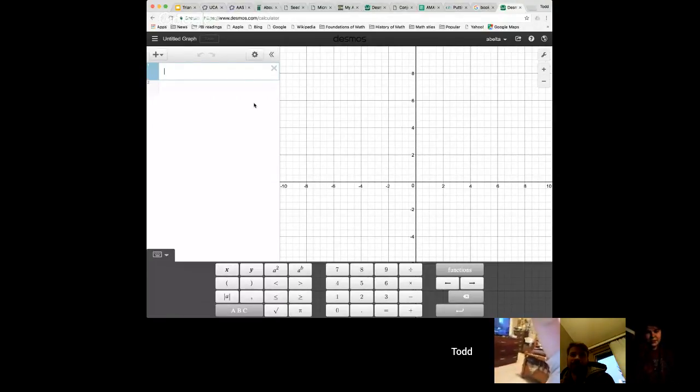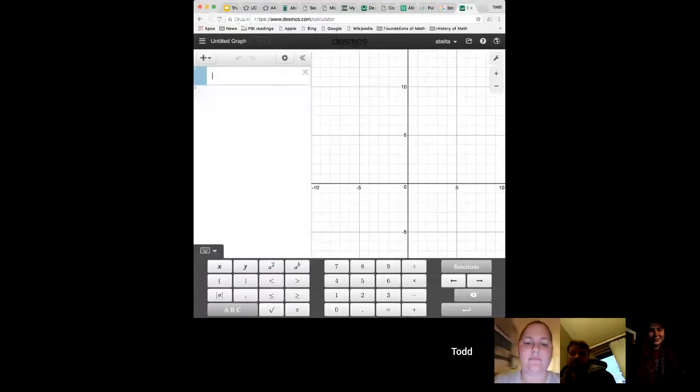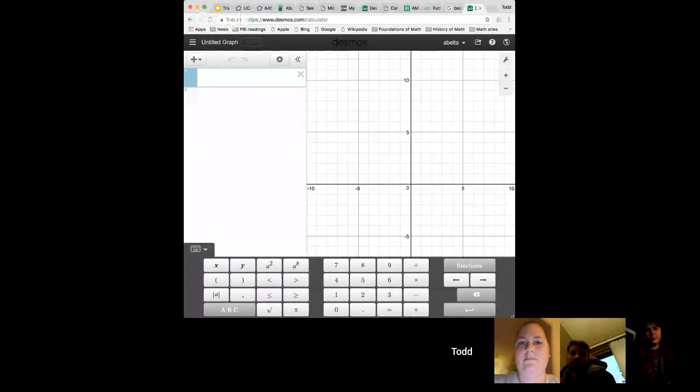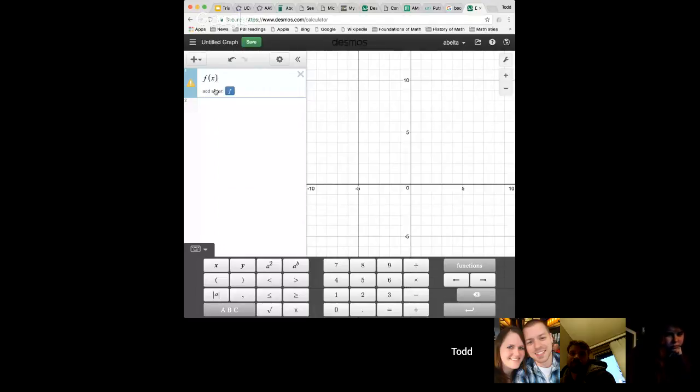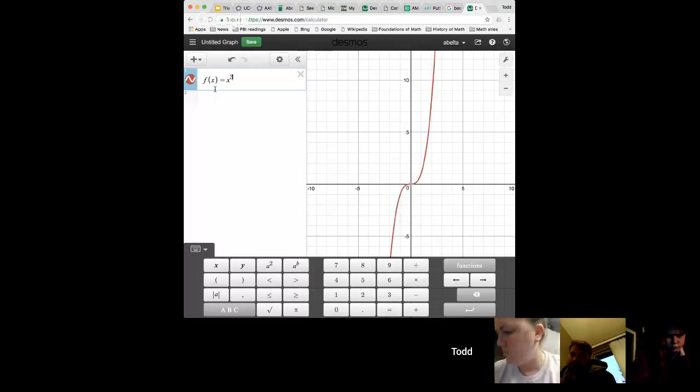Okay. So what I'm going to do here is let's just define a function. Let's say f of x equals, let's say I want to do like x cubed plus 3x.